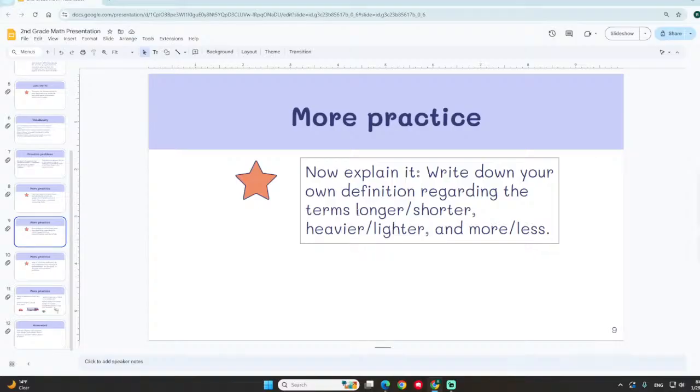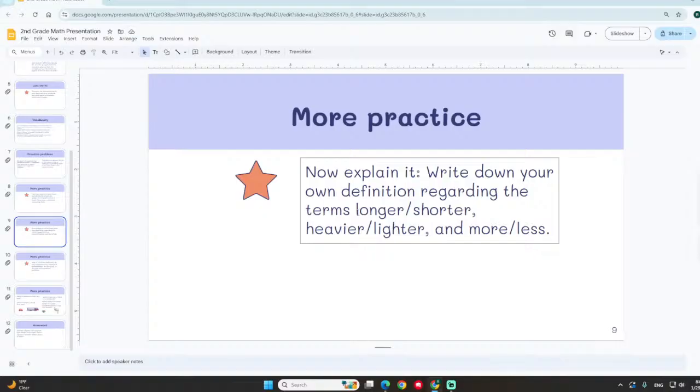Write down your own definition regarding the terms longer, shorter, heavier, lighter, and more/less. One way that we can understand more is by explaining it to ourselves. So write down your own definitions to explain the terms longer and shorter, or how to compare objects using those two terms.